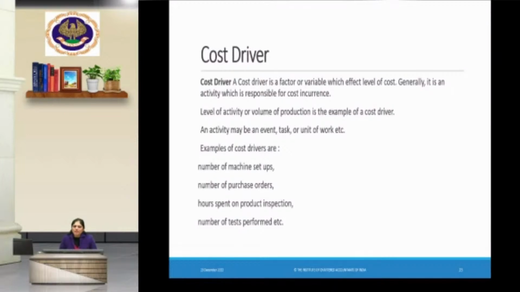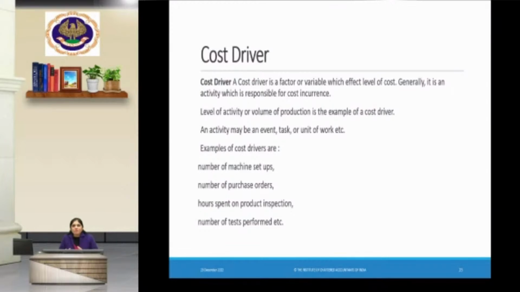So cost driver is something happening somewhere, because of which the cost is arising in any department. So what all activities are getting done in that department due to which the cost is there. Yeah, so that is the whole idea of cost driver. A cost driver is a factor or a variable which affects the level of cost. So if I increase the consumption of electricity, the electricity bill will increase.